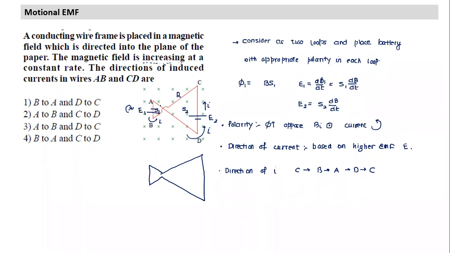This part will come here, so both will have the same orientation. If I connect the battery, the polarity remains the same, and now you can find a single loop. Both are tending to drive the current in the same sense, if I flip the left part of the loop by 180 degrees.